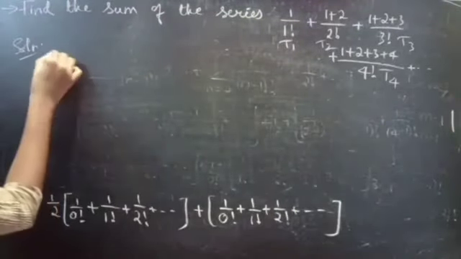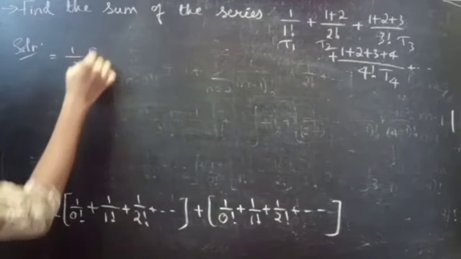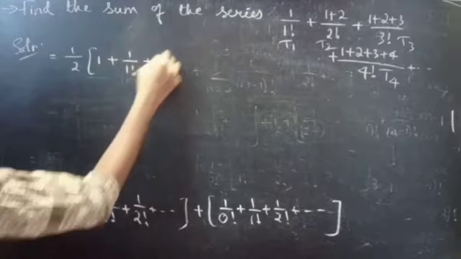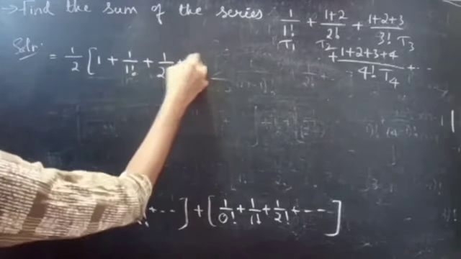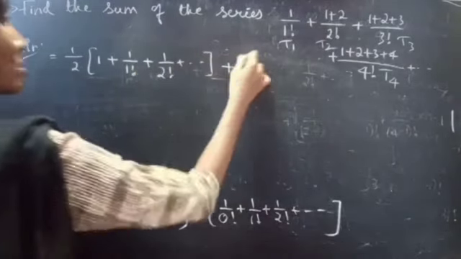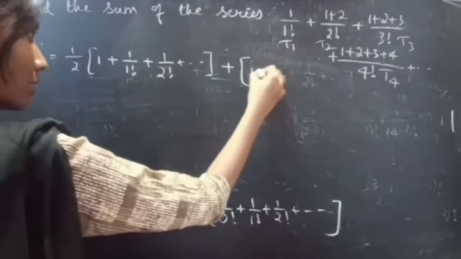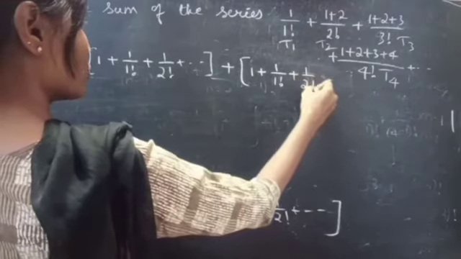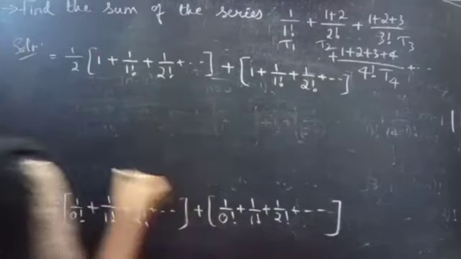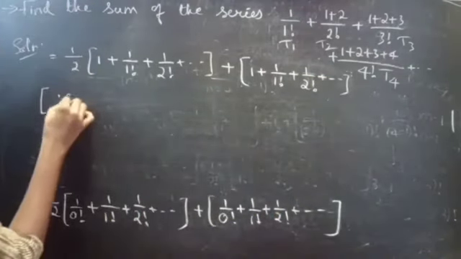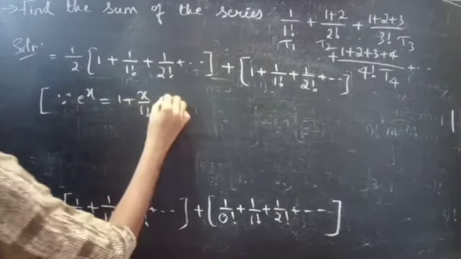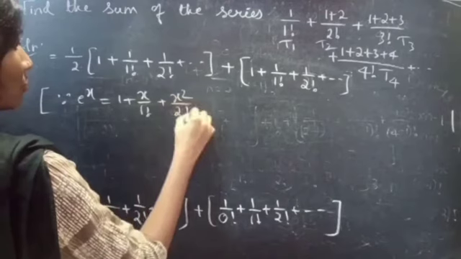So this equals 1 by 2 into, 1 by 0 factorial is 1, plus 1 by 1 factorial plus 1 by 2 factorial plus so on, plus 1 by 0 factorial is 1, plus 1 by 1 factorial plus 1 by 2 factorial plus so on. Since we have e power x equals 1 plus x by 1 factorial plus x square by 2 factorial and plus so on.